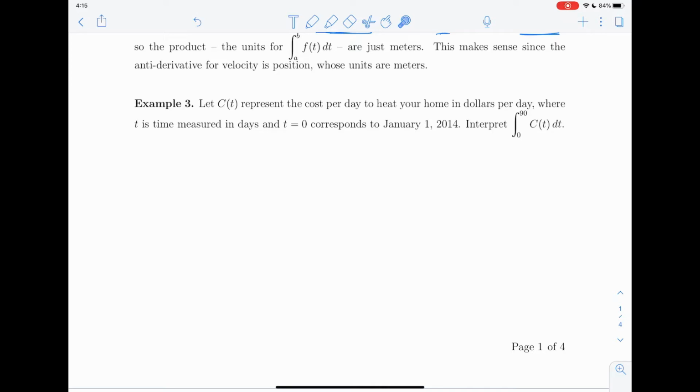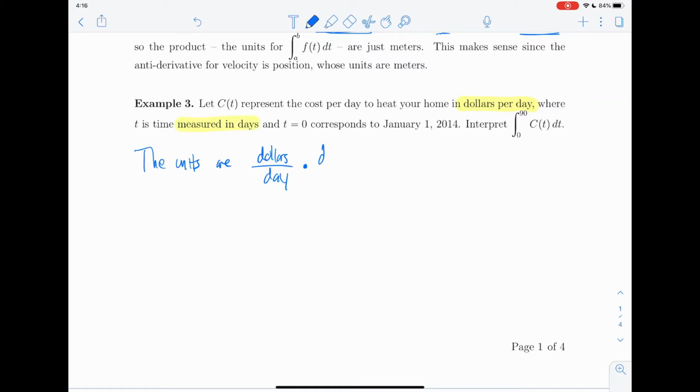So we'll ask ourselves, A, what are the units of this integral, and what is this particular definite integral actually computing for us? Well, the units, as we've described them, are going to be the units for the function c, which are given in dollars per day, so it's going to be dollars per day multiplied by the units for t, and the units for t, of course, is time measured in days.